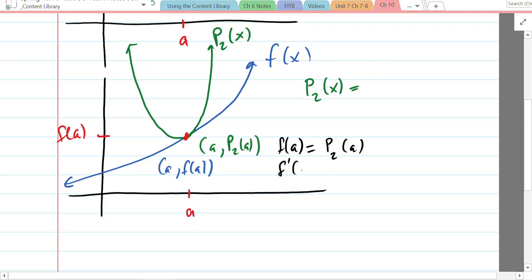The first derivative at a equals the first derivative of the second order polynomial at a. And the second derivative of the function is equal to the second derivative of the second order approximation.